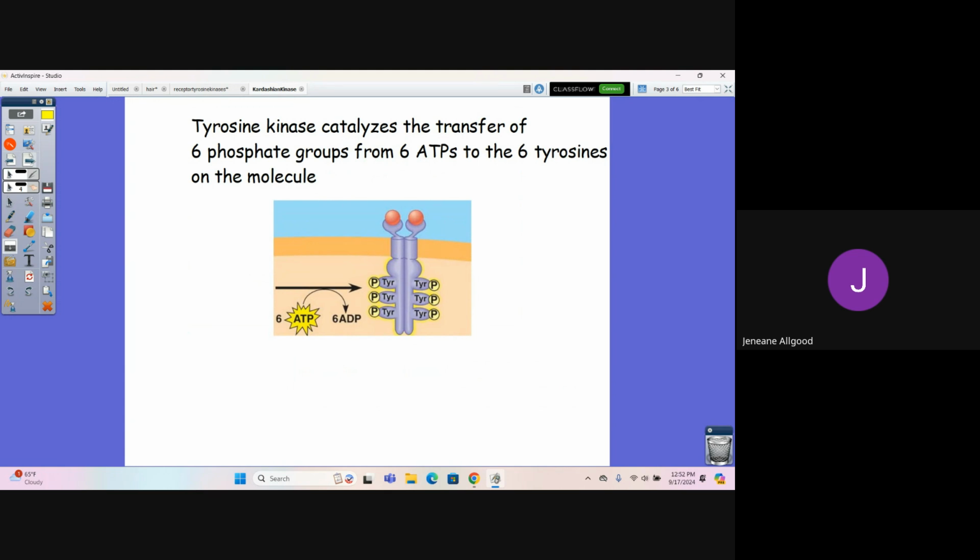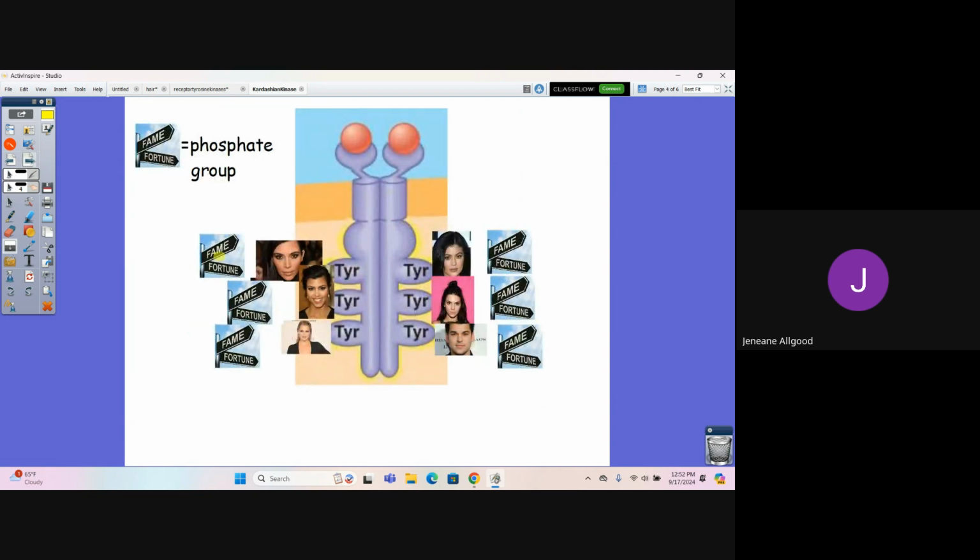All right, then remember, tyrosine kinase catalyzes the transfer of 6 phosphate groups from 6 ATPs to 6 tyrosines on the molecule. So in our little Kardashian analogy here, fame and fortune are going to be our phosphate groups. Because let's face it, Kris was kind of like their manager and orchestrated a lot of them becoming famous. And so we're going to represent the tyrosine kinase stealing a phosphate group off of 6 ATPs.